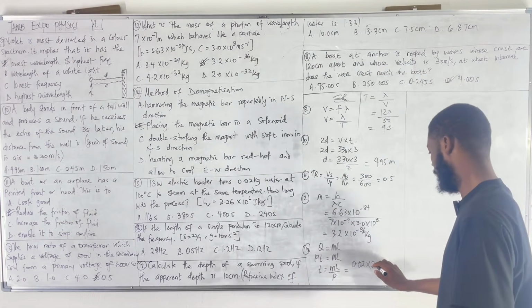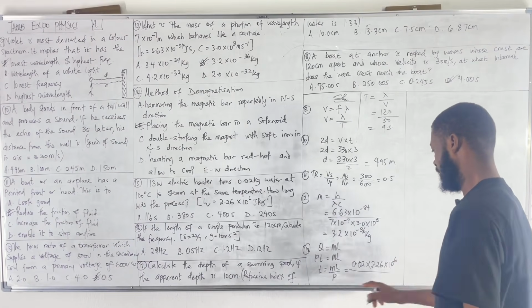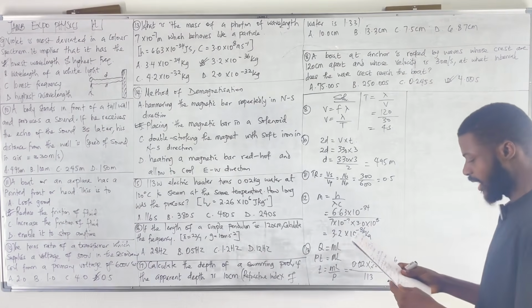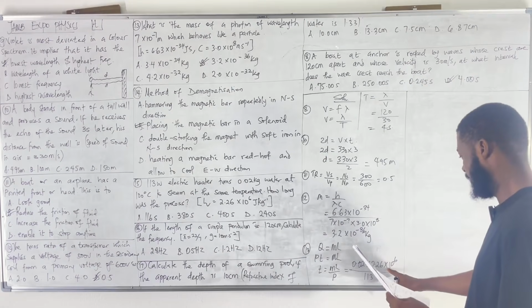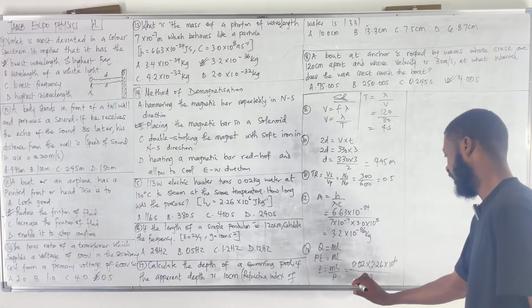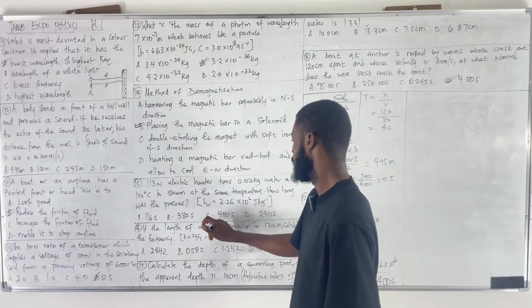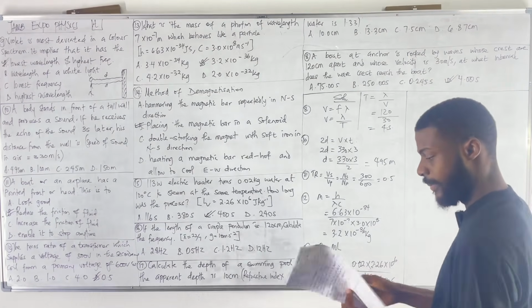So that's 2.26 times 10 to the power of 6 divided by the power, which is 113. If you do this correctly, the top will give you 45,200 divided by this. So this should give you 400 seconds at the end of the day. So that's C.